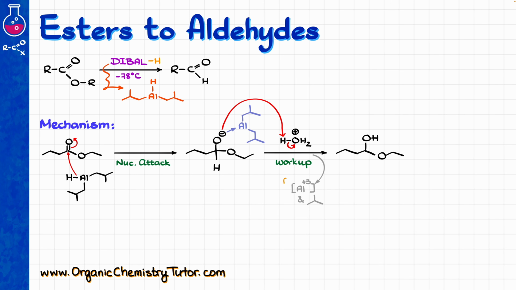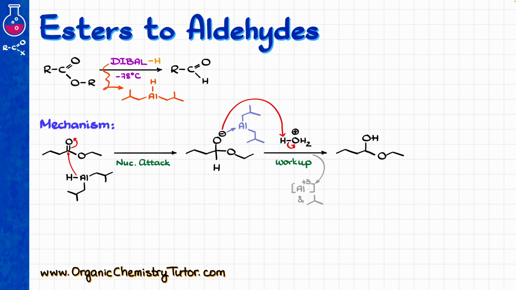And of course, on top of that, we are going to break up our aluminum species into aluminum plus 3 salts, and the isobutane is just going to flow away as a gas. But coming back to my hemiacetal intermediate, this guy over here, as we know, is not a very stable species. And since we are working in aqueous acidic conditions, it will easily break up and give us our aldehyde.